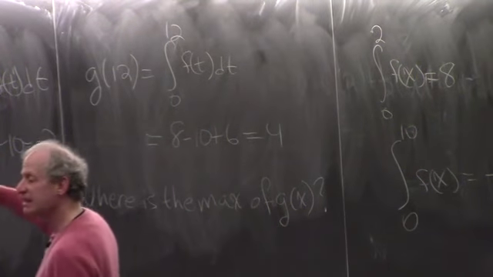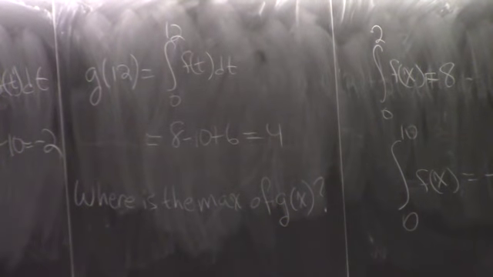And even though you add 6 back later, you don't end up with as big a number because you subtracted more. Okay? If this was 16, then you would end up with a bigger area when you got out to 12. Does that make sense? I'll say it again. So right now you have 8 minus 10 is minus 2. When you add 6, you get 4. If this was big enough, then this would be where the maximum is. Okay? The minimum would occur at 10.